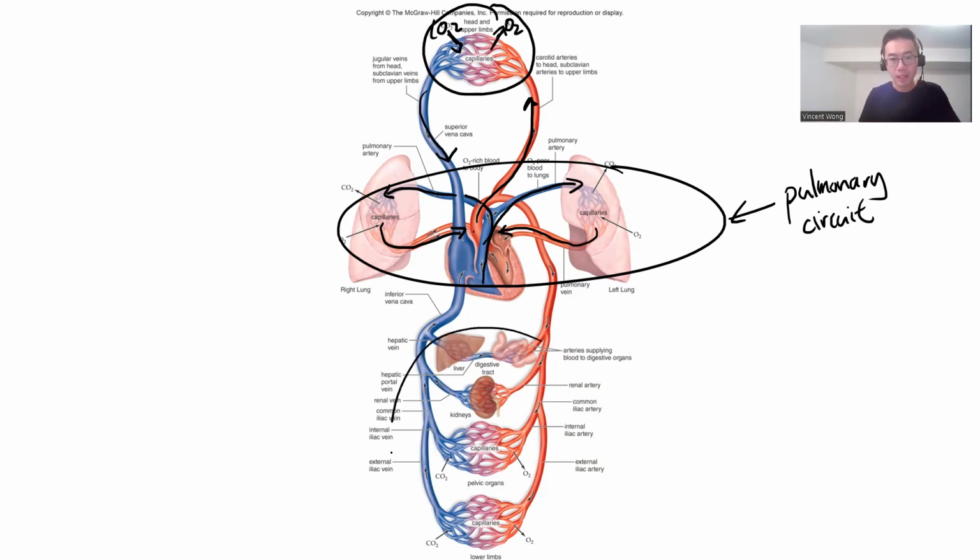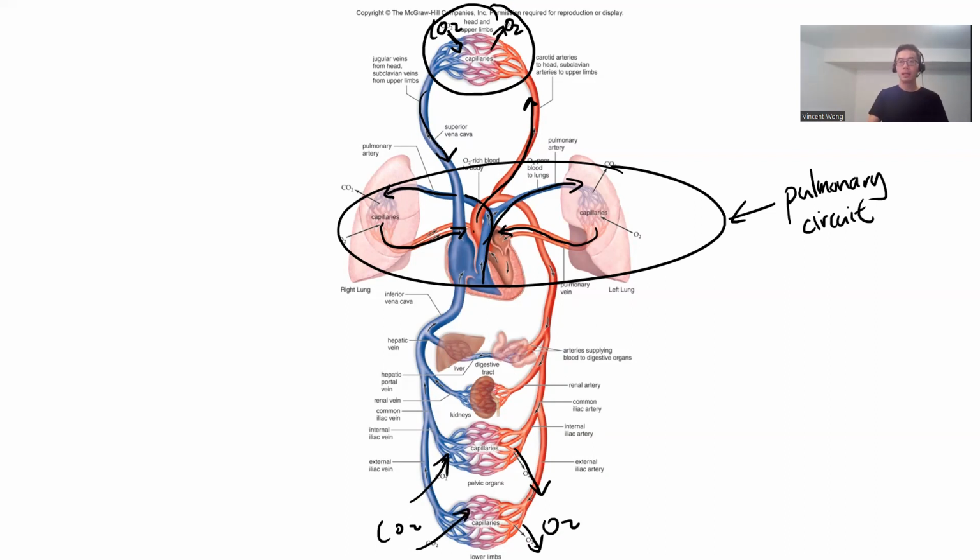Right? Same thing over here. We need oxygen everywhere in the body, in your intestines, in your liver, kidney, pelvic organs, lower limbs, all these bodily locations. The blood is going to go from red to blue, as you are removing oxygen from it and adding CO2 to it.